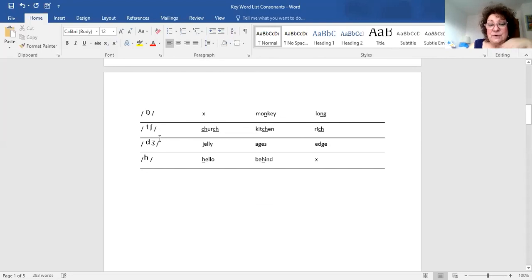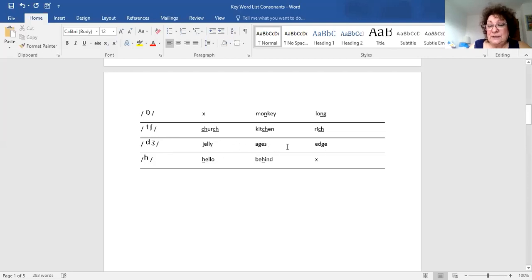And then we have the two affricates, ch and j, as in church, kitchen, rich. But sometimes the CH spelling is not a ch, like machine. So go through the lists and identify the words. And j, its cognate, is jelly, ages, edge.